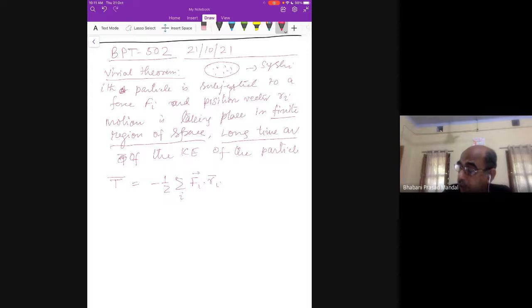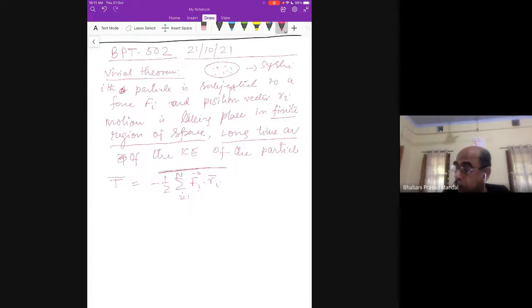These are vectors and the whole thing is averaged. So average means long time average. So the average kinetic energy can be given by this dot product between the force on the particle and its position vector, summed over all such particles. Suppose there are n particles, so i goes from 1 to n, and then this is also averaged.